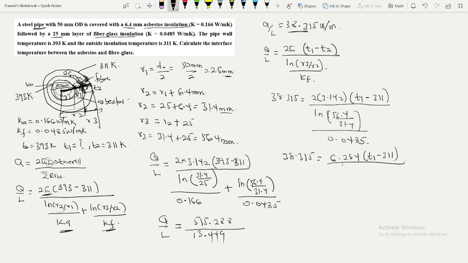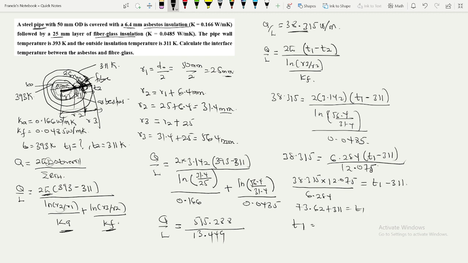That gives us 12.075, so this can multiply this. So 38.315 times 12.075 all divided by 6.284 being equal to T1 minus 311. When we evaluate the left hand side, 38.315 times 12.075 all over 6.284, that gives us 73.62.